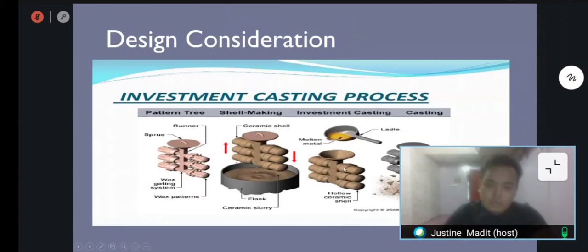It will go to this shape, this pattern, 1 2 3 4 5 6, the pattern just now. And we wait for a while, it will become solidified. The molten metal will solidify. Then we get the finished casting. We will break all the ceramic slurry shell.